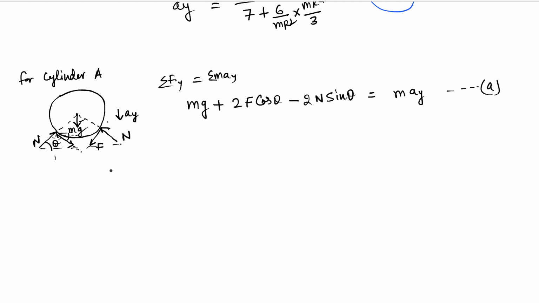Okay. Now for the other cylinder, let's take this as the cylinder C. Because of Newton's third law, there will be equal and opposite force here. So N, and then F will be in this direction, right? This angle is, of course, 90 minus theta.